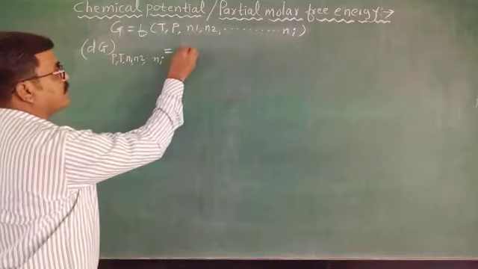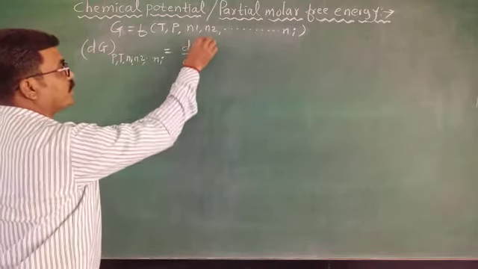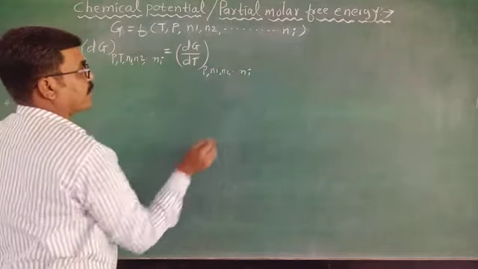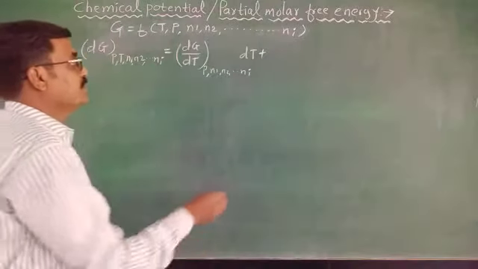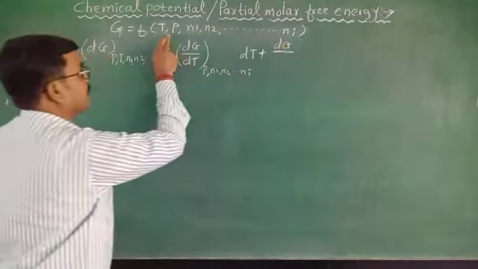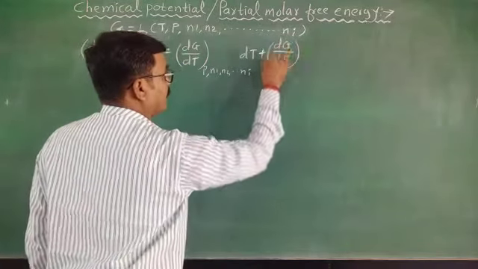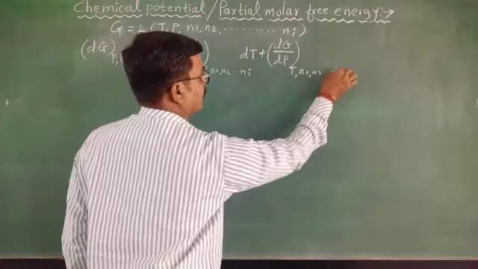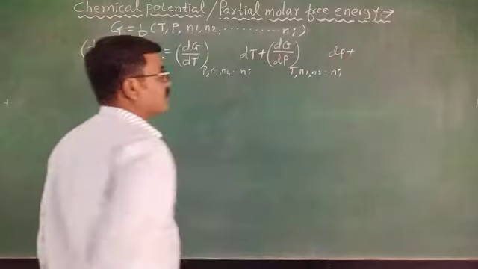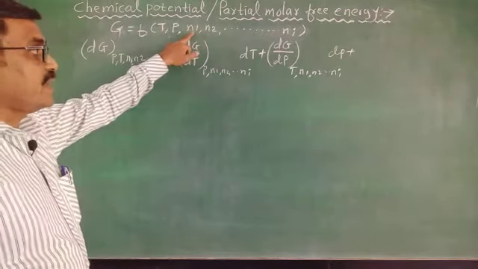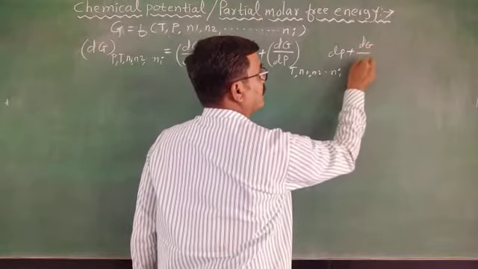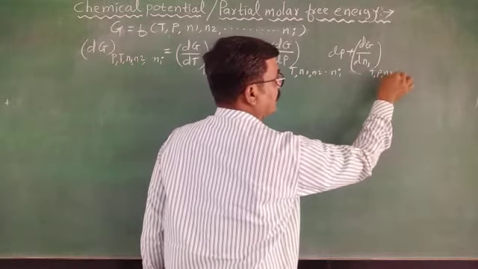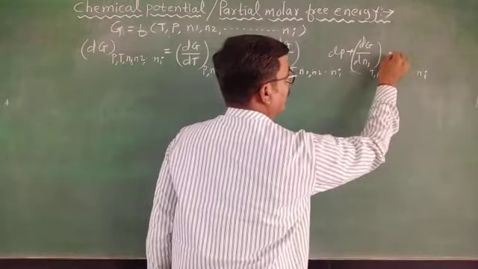That's why the first derivative becomes dG upon dT with respect to temperature, keeping pressure and other constituents N1, N2, ..., Ni constant, into dT, plus dG upon dP, differentiating with respect to the second variable, pressure, at constant temperature, N1, N2, ..., Ni, into dP, plus the third, differentiating with respect to N1, dG upon dN1 at constant temperature, pressure, N2, N3, ..., up to Ni, into dN1.